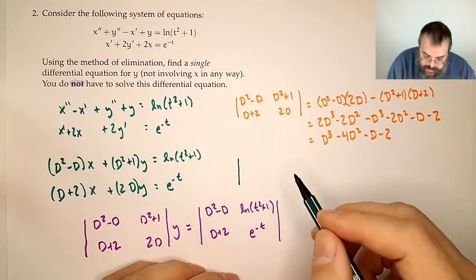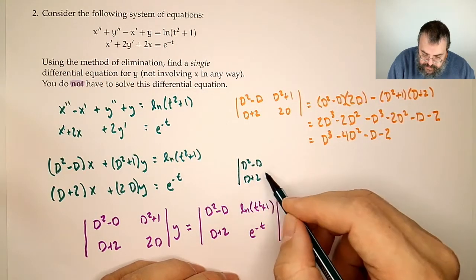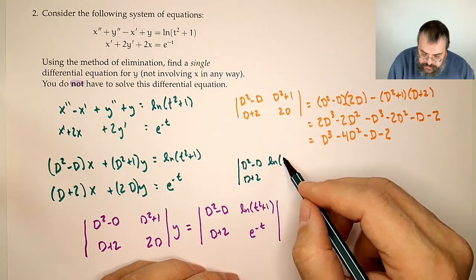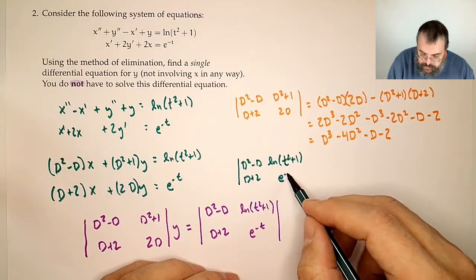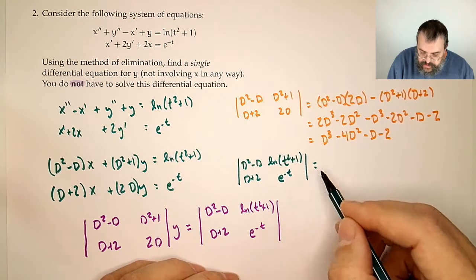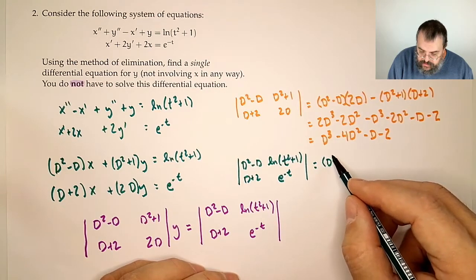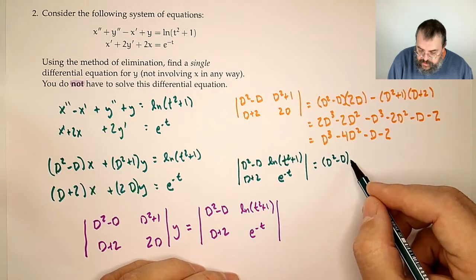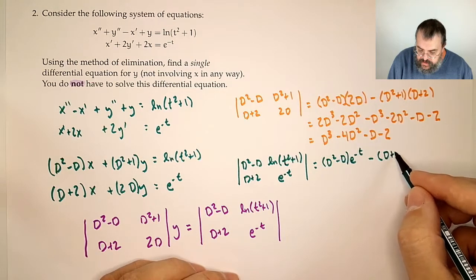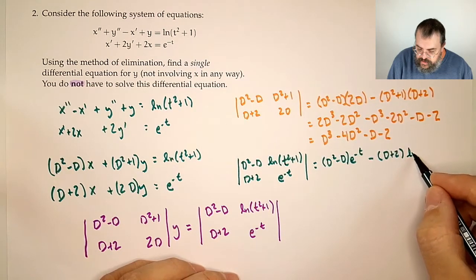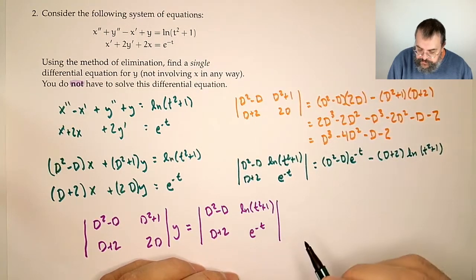So we're going to have d squared minus d plus 2, log of t squared plus 1, and e to the minus t. So we should do this as d squared minus d times e to the minus t, subtract d plus 2 log t squared plus 1.